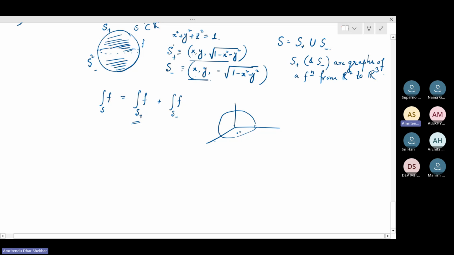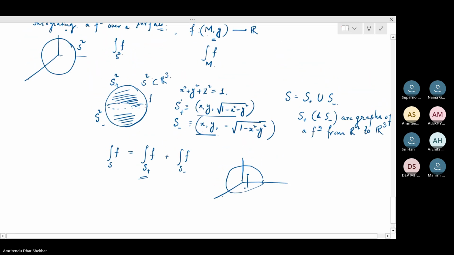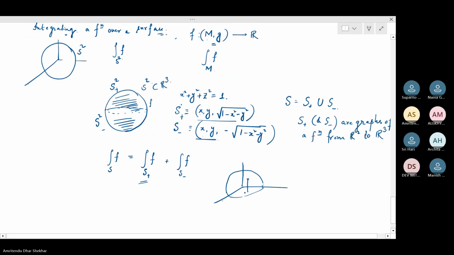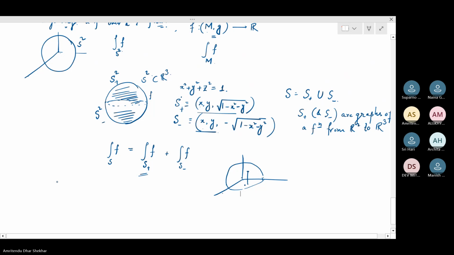So it takes a point x comma y and sends it to x, y, square root of 1 minus x squared minus y squared.